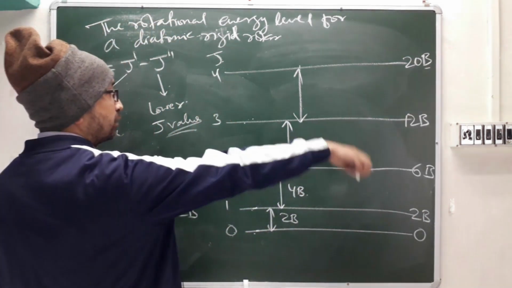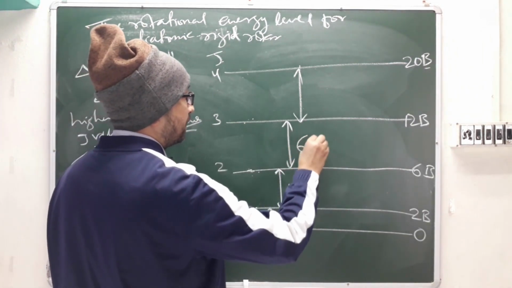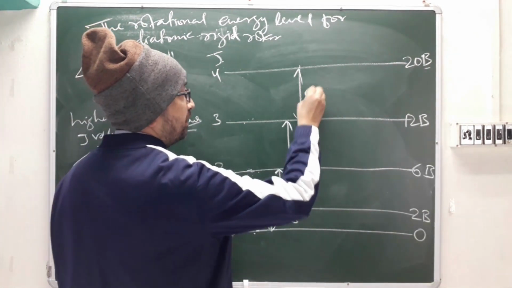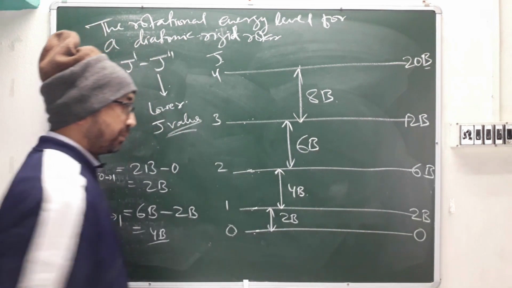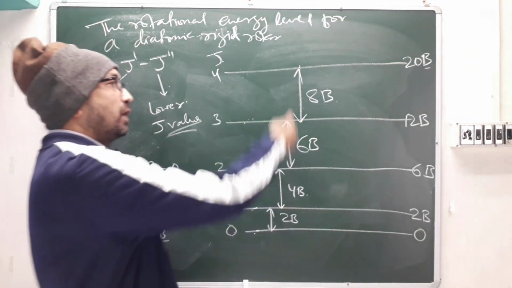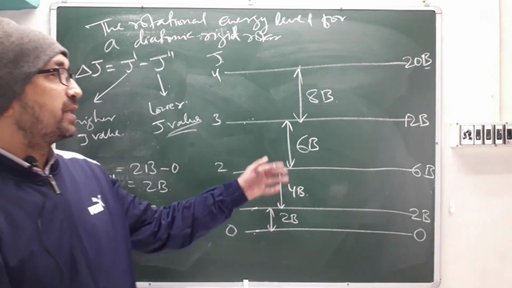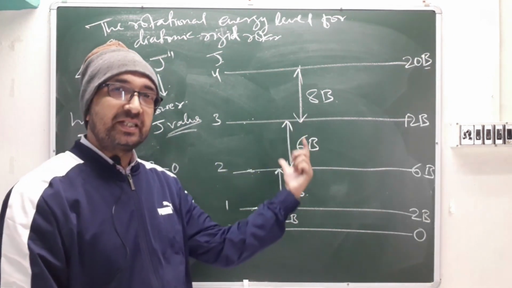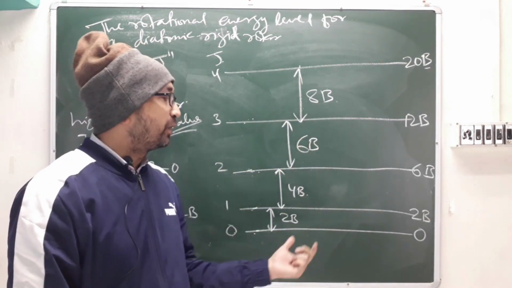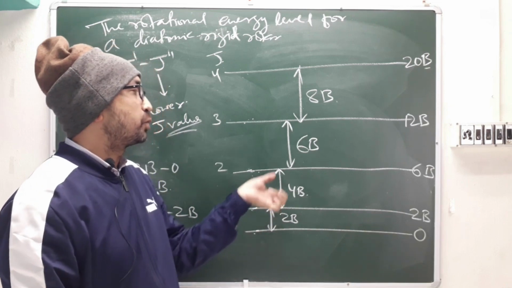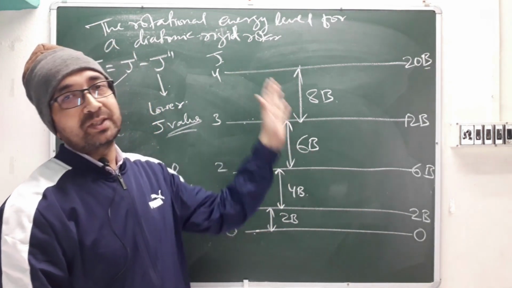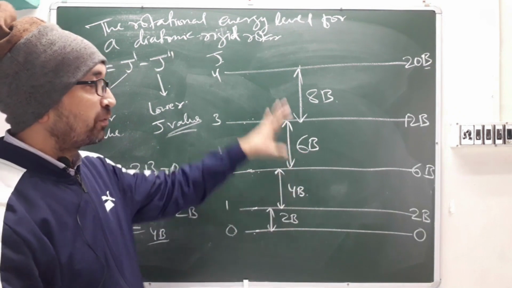Likewise here also you can calculate, 12 minus 6, it will be 6B, and 20 minus 12 it will be 8B. Okay, you got the values for the differences. So for the different energy levels, how much energy they have absorbed, that value you have got. Okay, 0 to 1, 1 to 2, 2 to 3, 3 to 4, those energy absorbed values you have got.